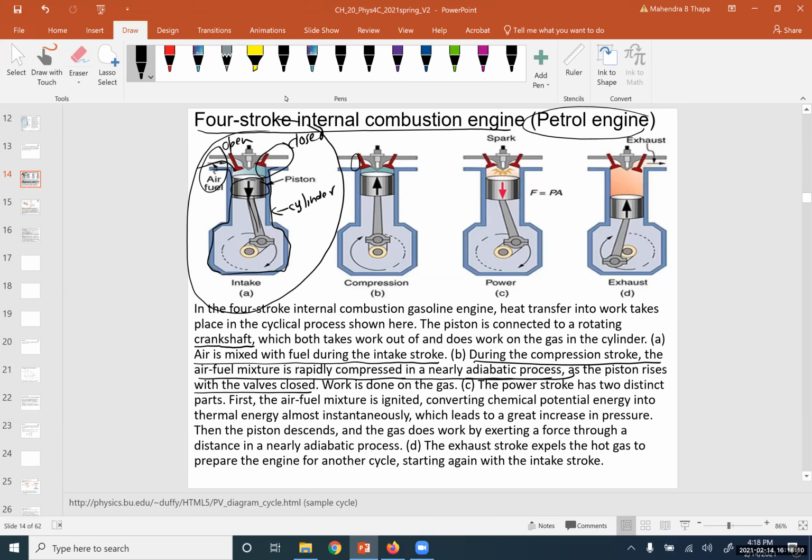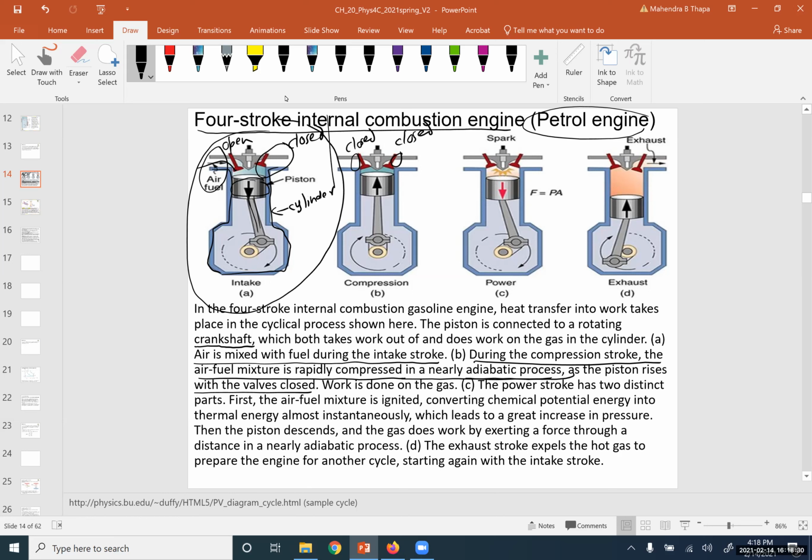This valve and that valve are both closed. The gas inside the cylinder gets compressed. The volume is going to decrease, so work is done on the gas because the volume is decreasing.